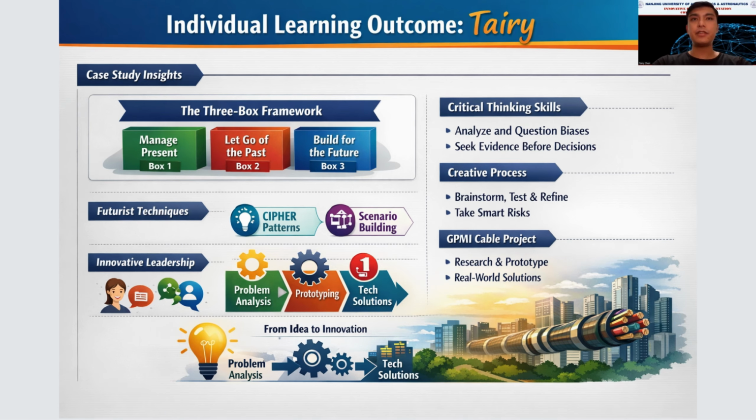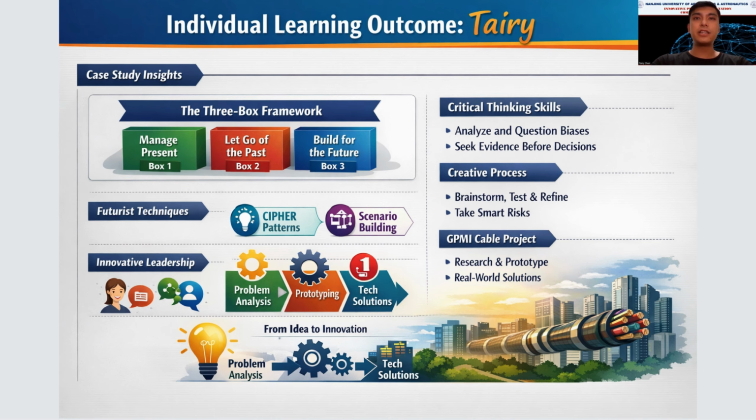This analytical foundation supported a more disciplined creative process. I moved from initial brainstorming to a cycle of testing and refining ideas, which gave me the confidence to take calculated, smart risks. All these skills were directly applied to our GPMI cable project, where I engaged in hands-on research and prototyping to develop real-world tech solutions.